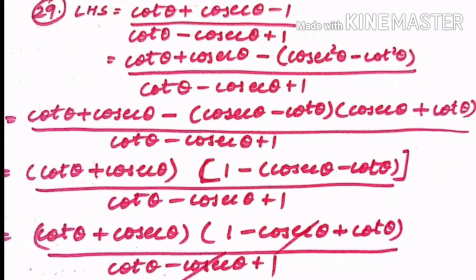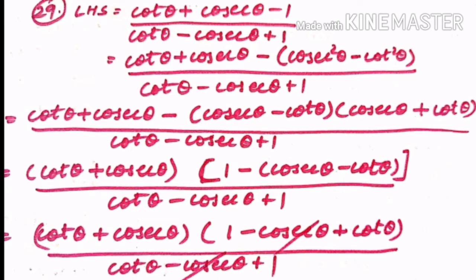So what we do in this type of question: 1 is there at the end in the numerator and also in the denominator. So I will replace the value of 1. We have 3 square relations, one with sin and cos, one with sec and tan, and the third with cosec and cot. So I am using the third one, with cosec and cot.